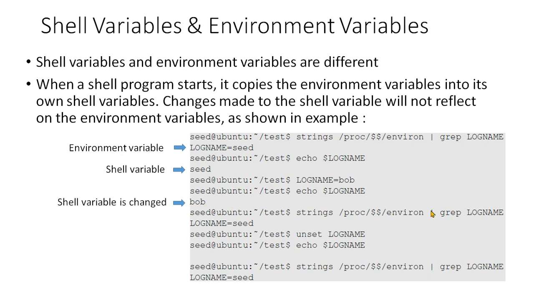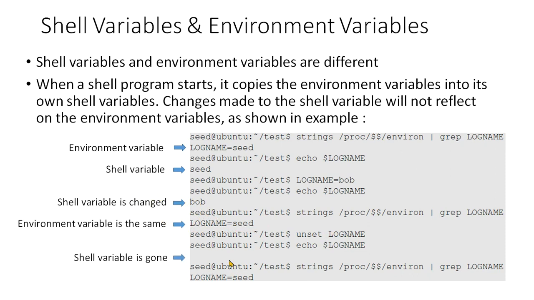And now we display the environment variable. We still see that it's still the same. It's still seed. So this is a shell variable, and this is an environment variable. They are different. Now we see the difference. When we unset LOGNAME, that means we only remove the shell variable.